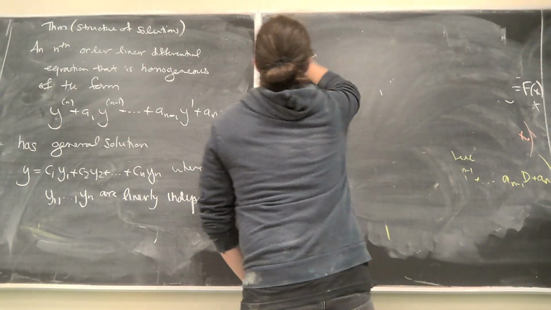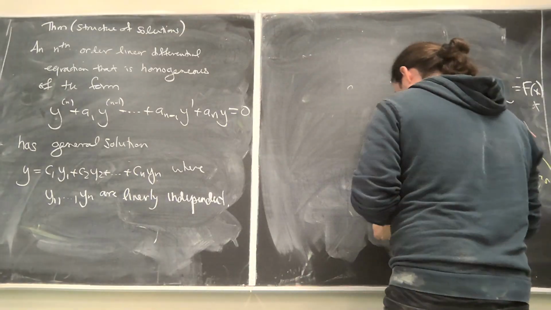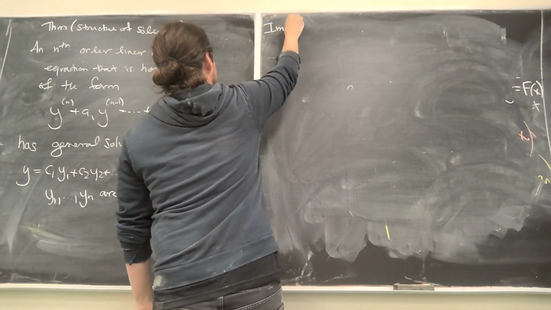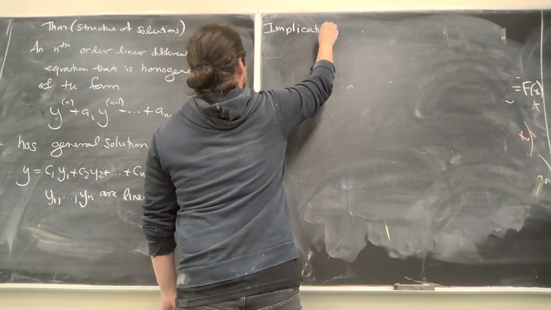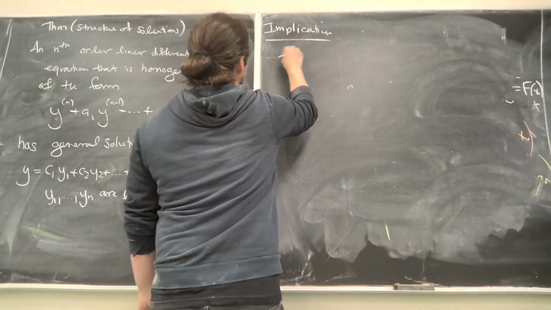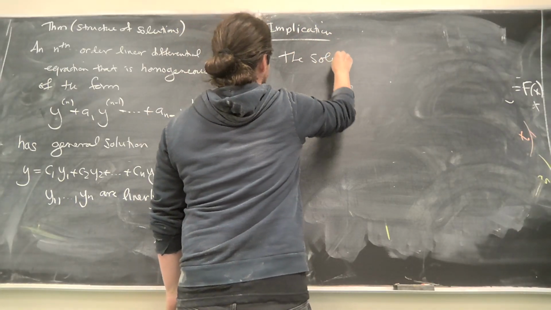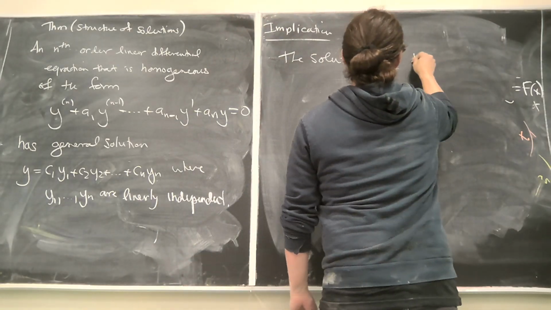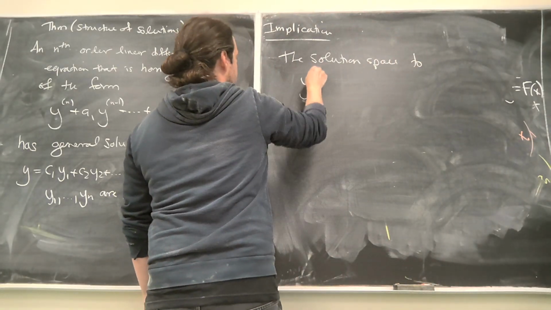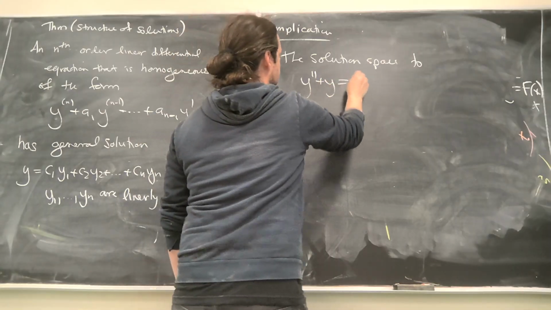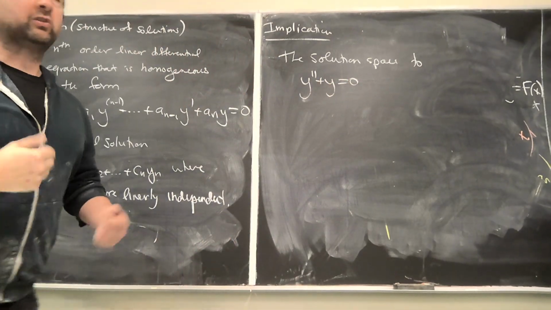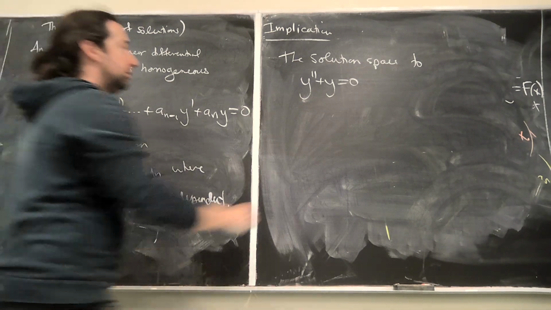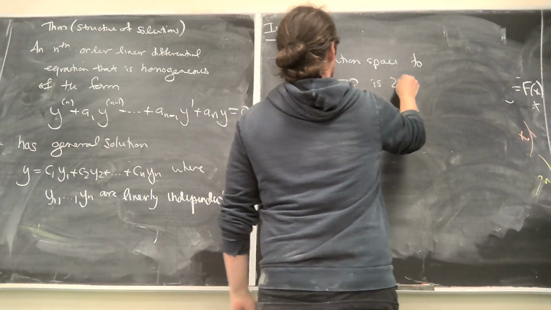So this implies the solution space to something like y double prime plus y is equal to 0, the space of all possible solutions to that differential equation, is 2-dimensional.